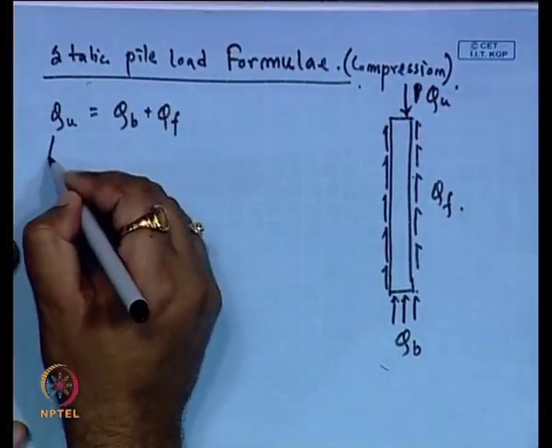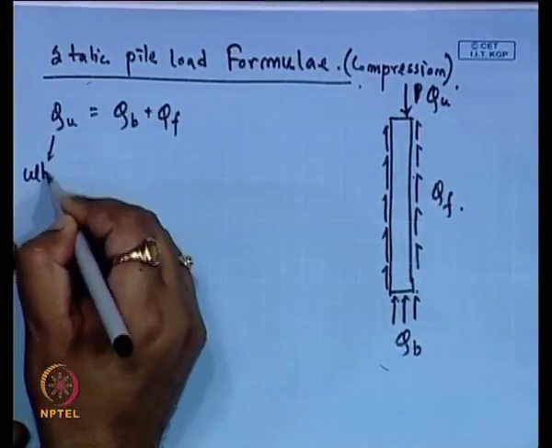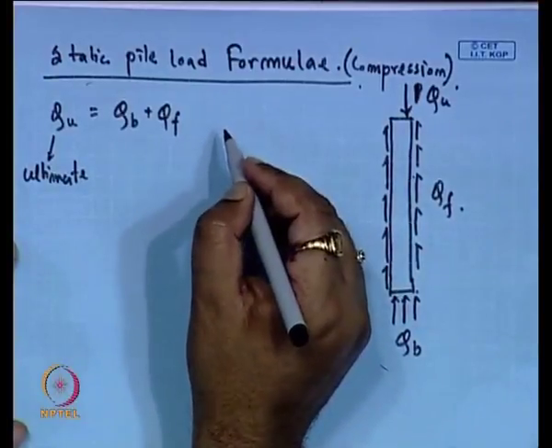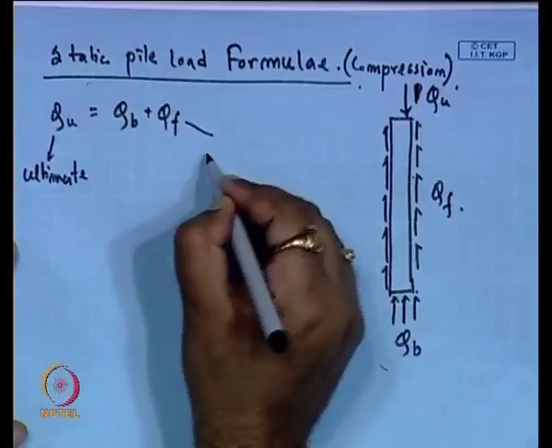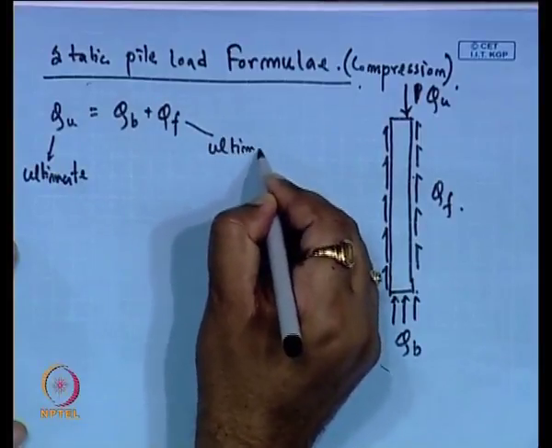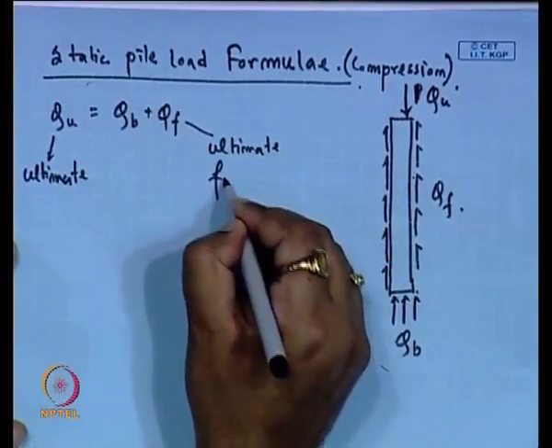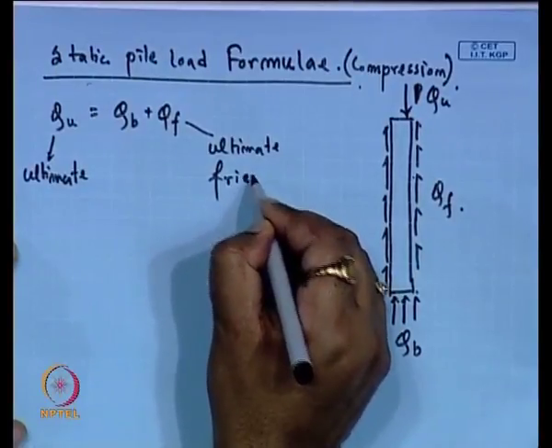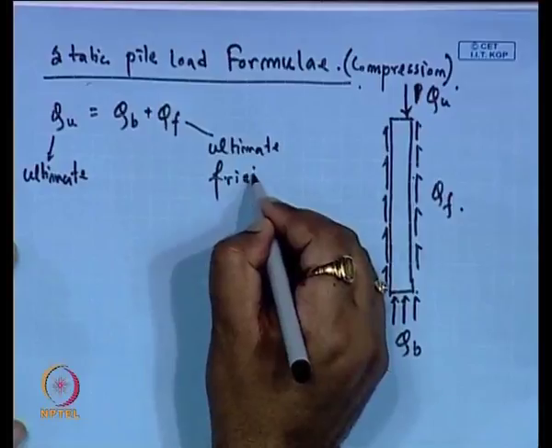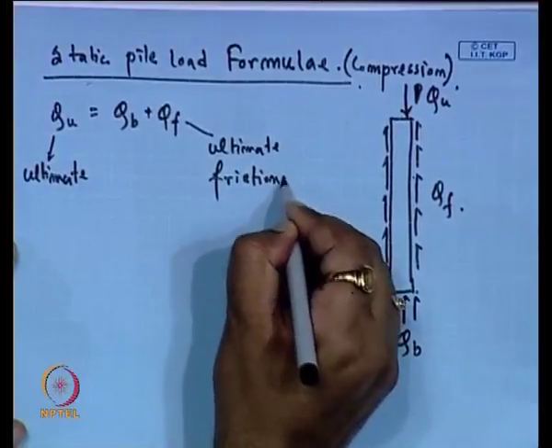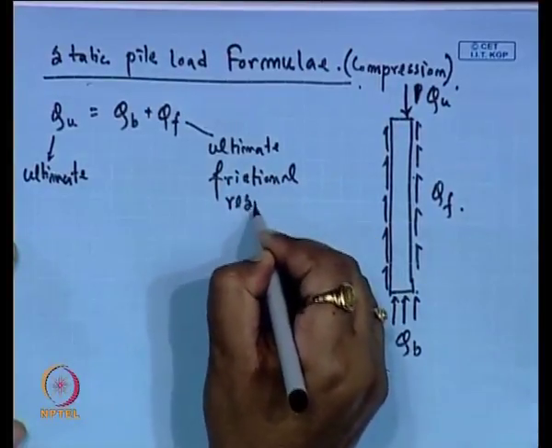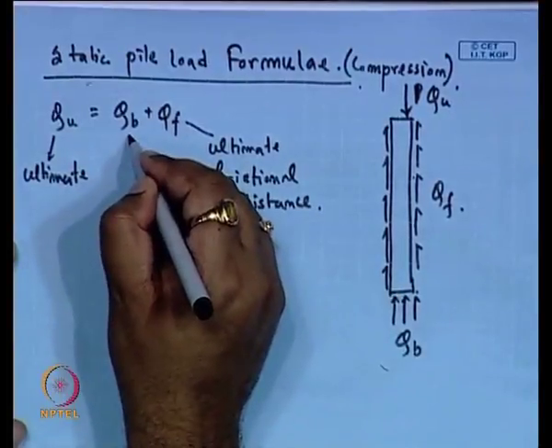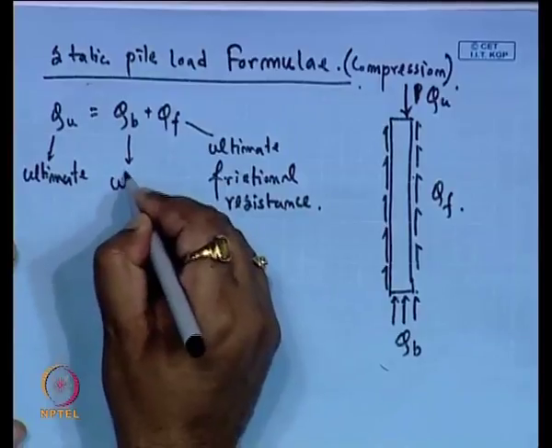So, this is the ultimate load, and this is the contribution from the ultimate frictional resistance, and Q B is the ultimate point load.